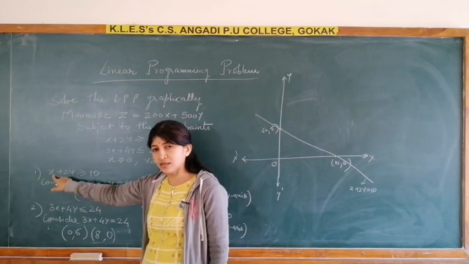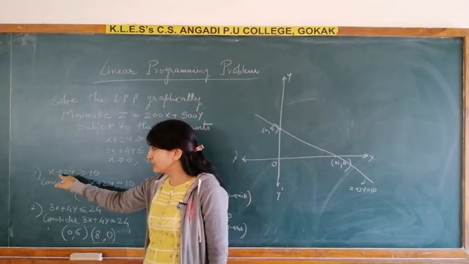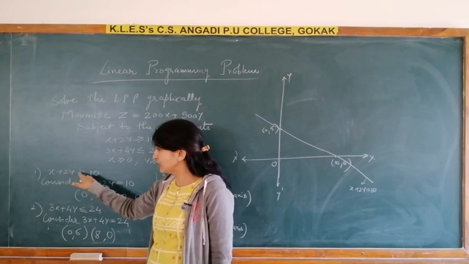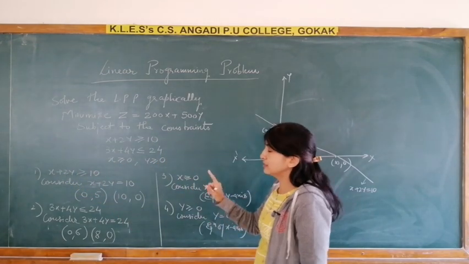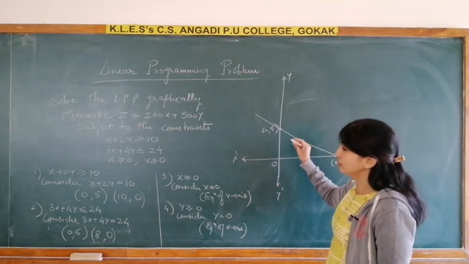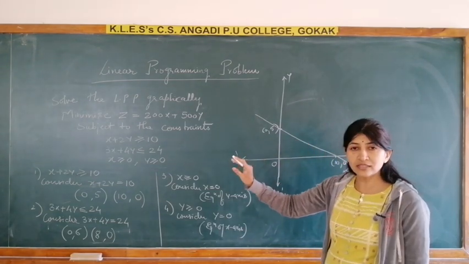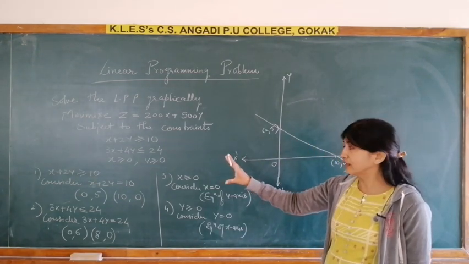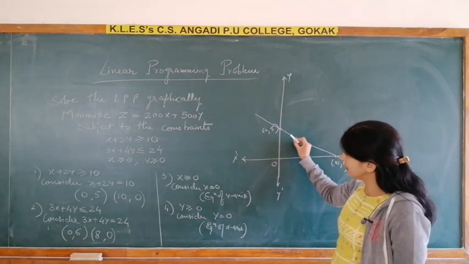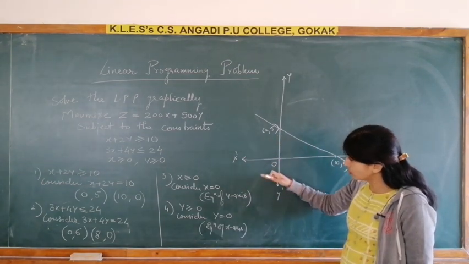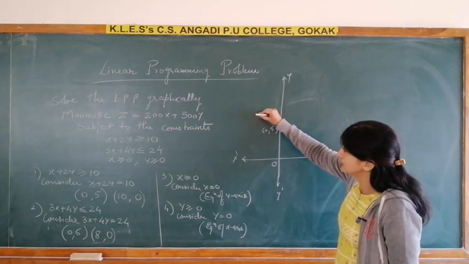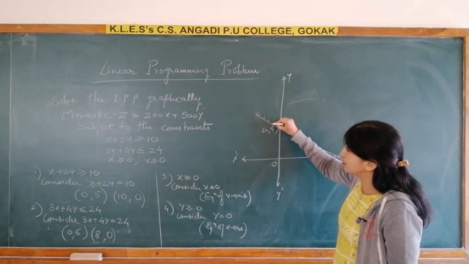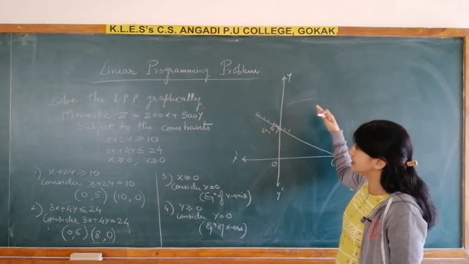When x is 0, y is 0, you will get 0 plus 0, 0. 0 is greater than or equal to 10. It is false. It is not greater than or equal to 10. So that means origin does not satisfy there. When origin satisfies, we take the shading line towards the origin. But origin does not satisfy, so the shading line is opposite to origin, means that side you have to shade.